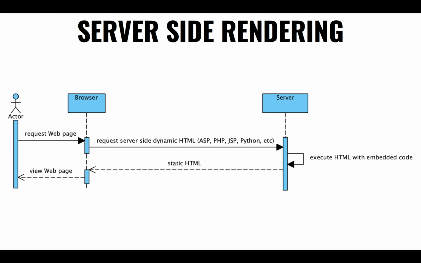The server would fetch these files here on the server side, compile them and run them, execute them on the server, and what would come back to the browser would be static HTML. So as far as the browser is concerned, it asked for some static content, even though it was dynamic on the server. This is what dominated the scene for a decade or so of web development.